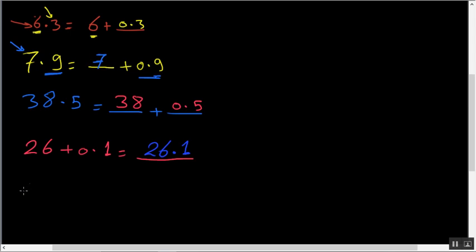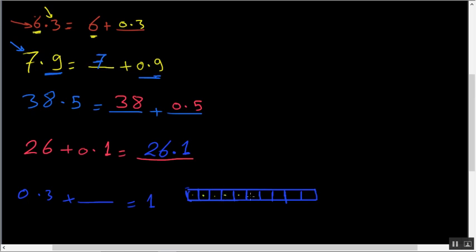If he said 0.3 plus space equals 1, here if we make it like this, how many parts? 1, 2, 3, 4, 5, 6, 7, 8, 9, 10. Count how many parts here. We have 10. He said 0.3.